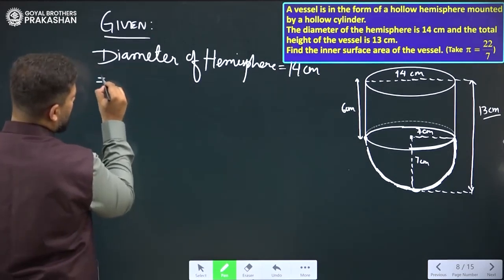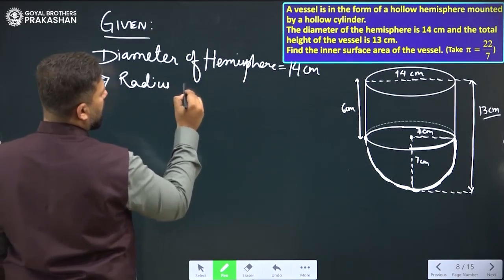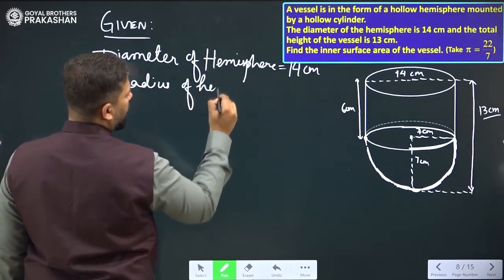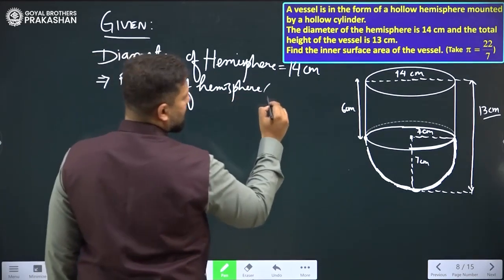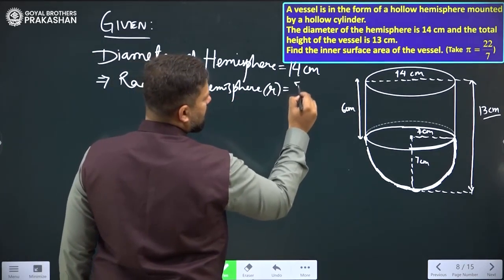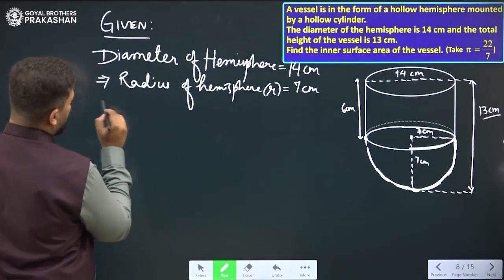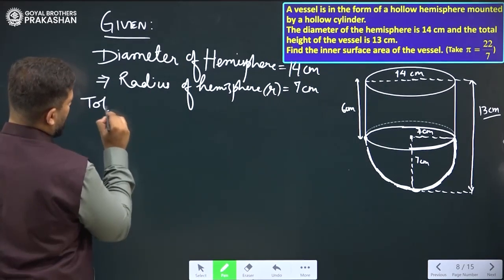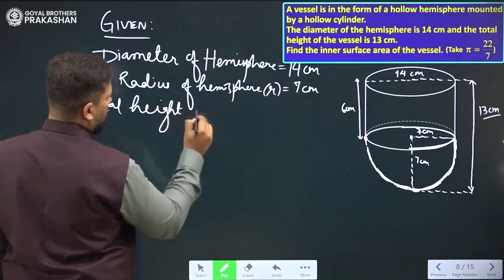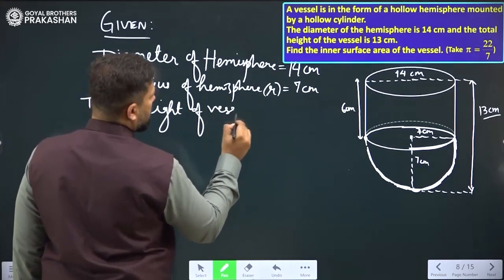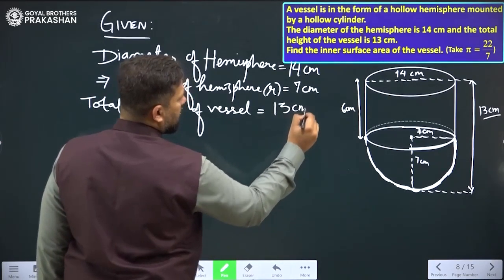So if the diameter of hemisphere is 14, then we can conclude that the radius of hemisphere, which also happens to be the radius of the cylinder, is 7 centimeter. Now, the total height of vessel is equal to 13 centimeter.